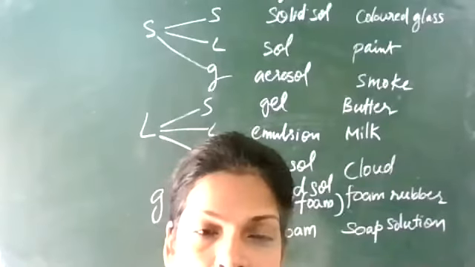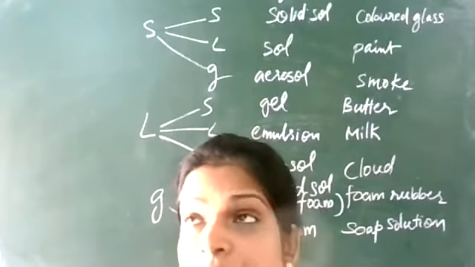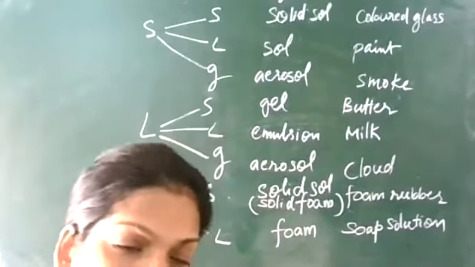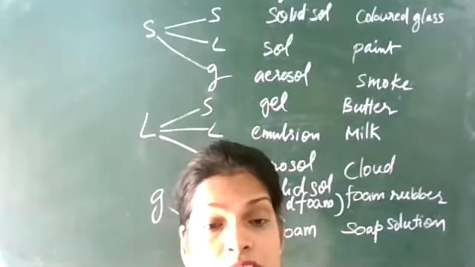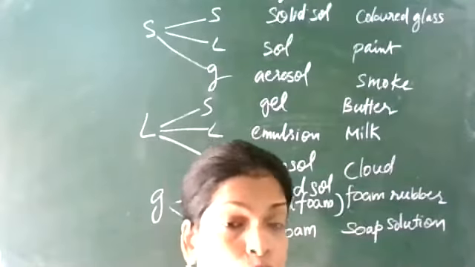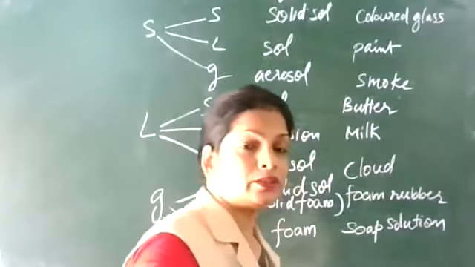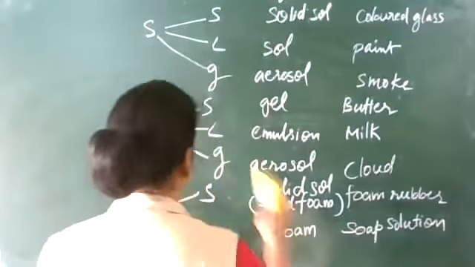For example, in a cloud, water molecules are the dispersed phase and air is the dispersion medium. In the case of milk, animal fat is the dispersed phase and water is the dispersion medium. So a colloid has two components: one, the dispersed phase, and two, the dispersion medium.